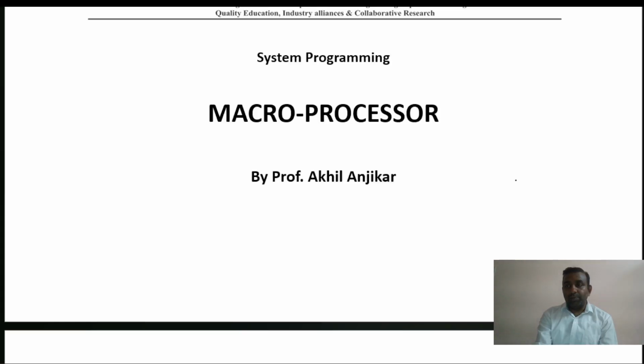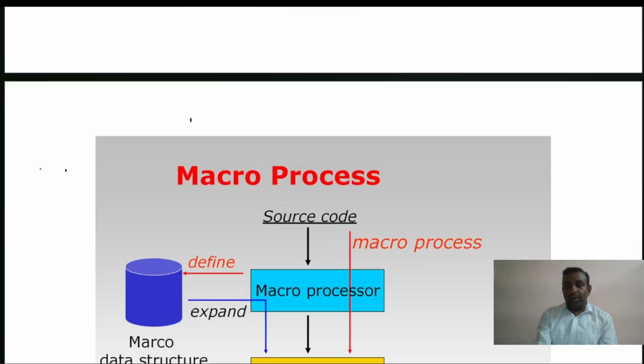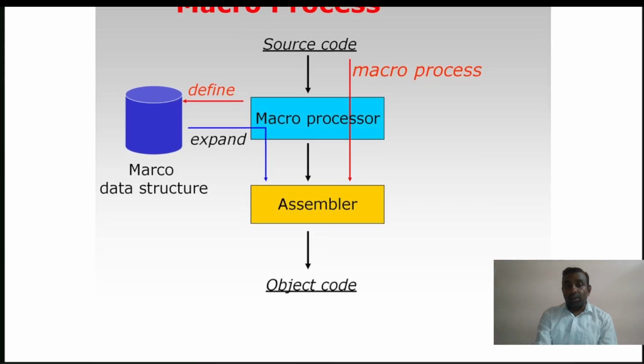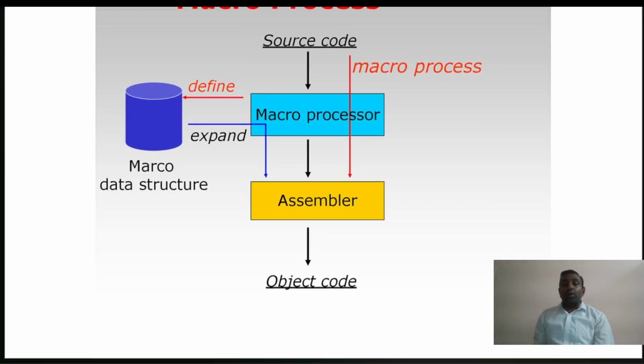So what is a macro? When I discuss the macro, macro means just like a procedure or function which is used in programs. It contains a number of lines which are repeated in your programming.